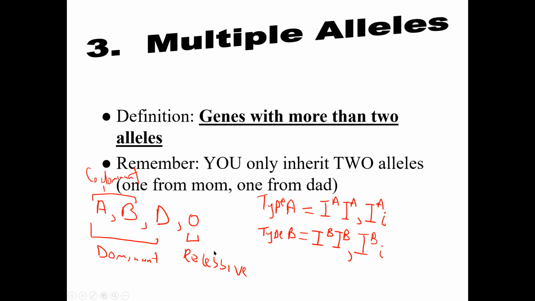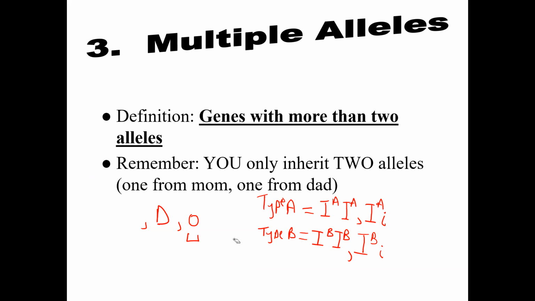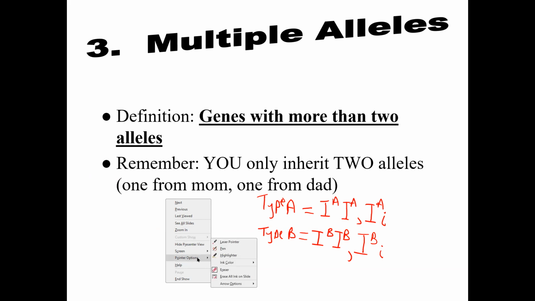Now, because of this setup, let's get rid of this. Because of this codominant setup, it means that if you have 2 people, let's say a person with heterozygous blood type A and a person with heterozygous blood type B, and they have a child. Now, once again, I'm leaving out the rhesus factor, right?